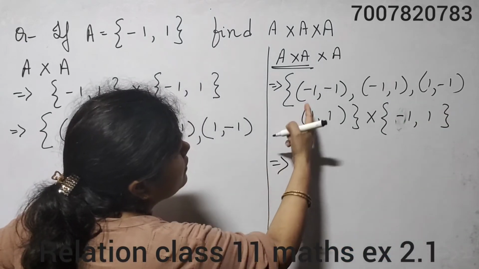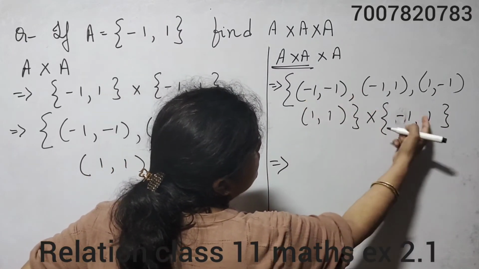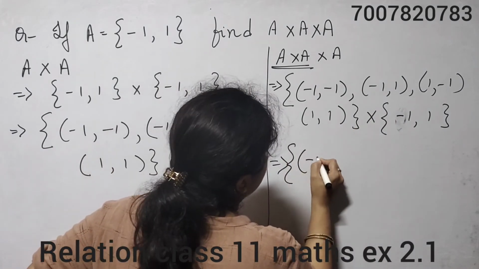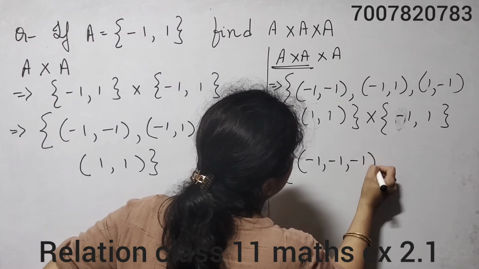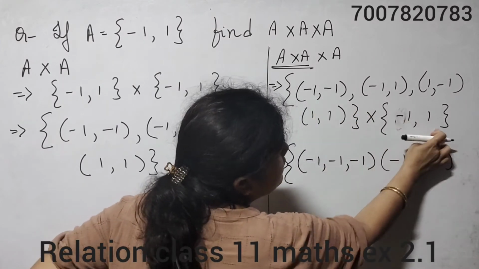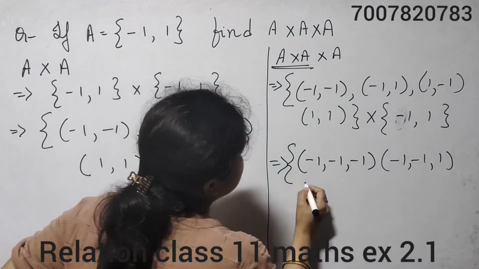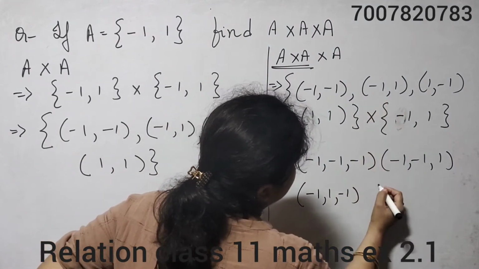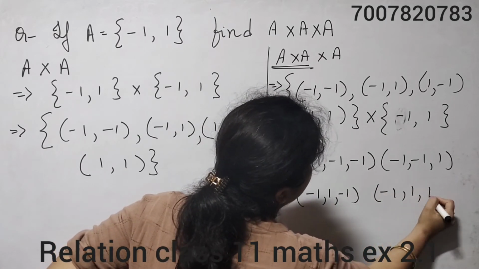So, first one, this into this into this, okay? So we get the answer (-1, -1, -1), then (-1, -1, 1), for this with this. Clear? Now, next one, (-1, 1, -1), then (-1, 1, 1).